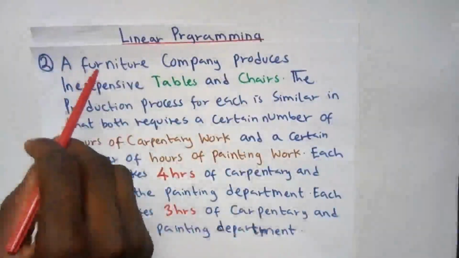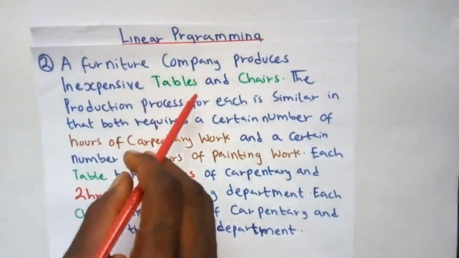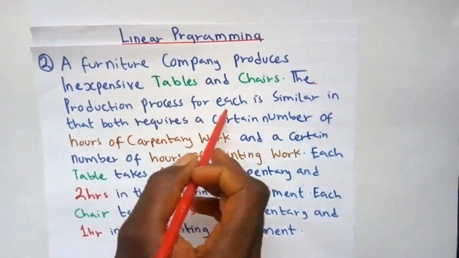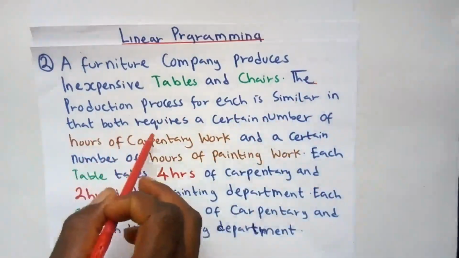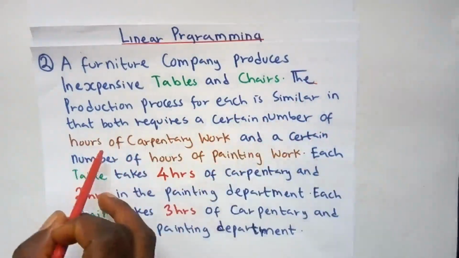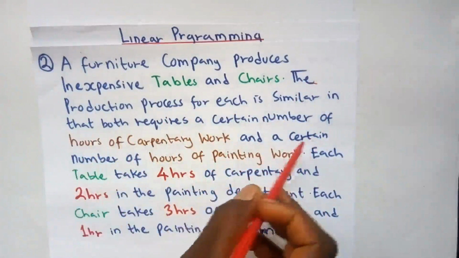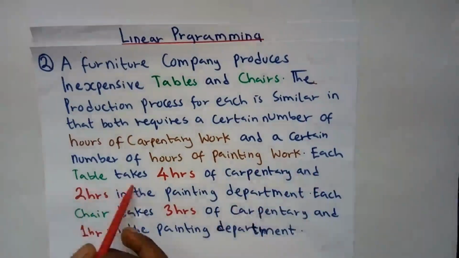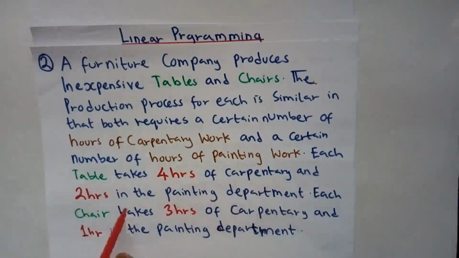Example 2. A furniture company produces inexpensive tables and chairs. But this must be a small company. The production process for each is similar in that both require a certain number of hours of carpentry work and a certain number of hours of painting work. Each table takes 4 hours of carpentry and 2 hours in the painting department. Each chair takes 3 hours of carpentry and 1 hour in the painting department.